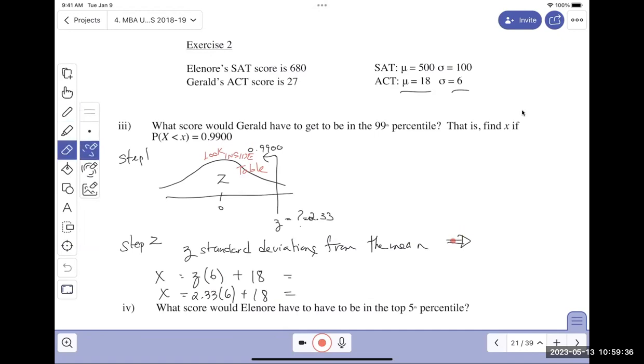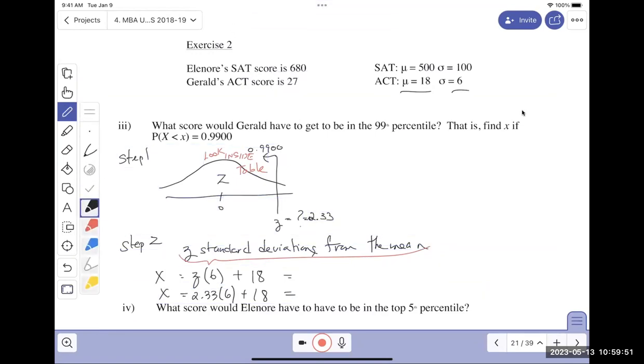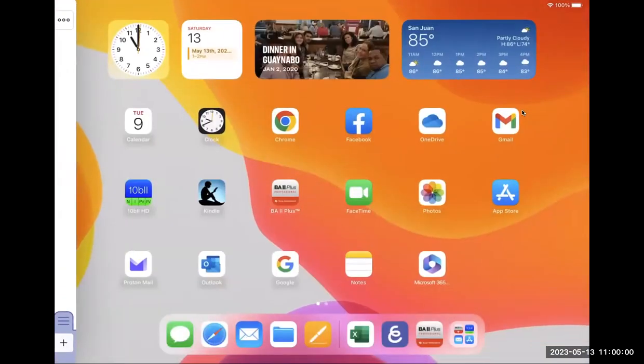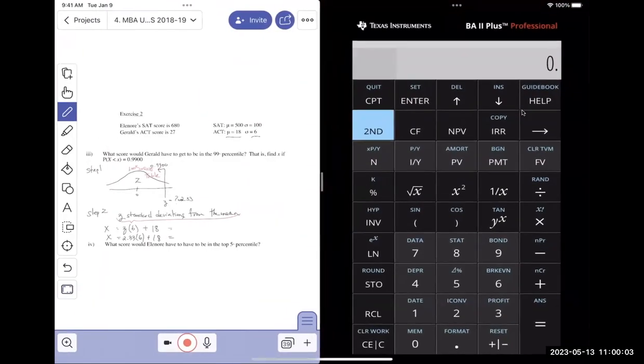So I convert this statement into a formula. And when you add it up, 2.33 times 6 plus 18 is 31.98.